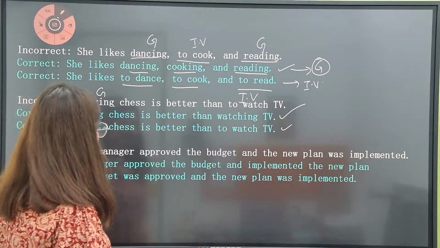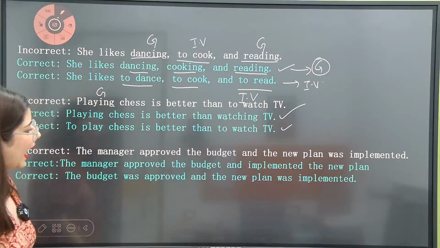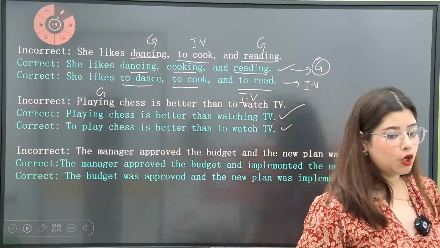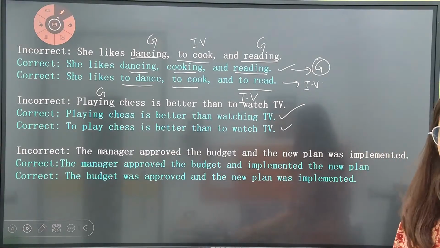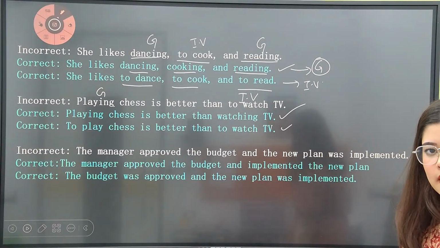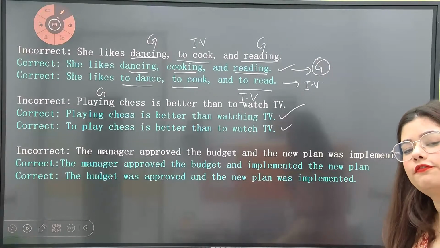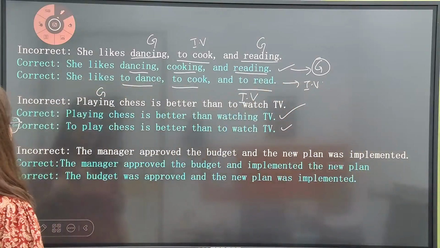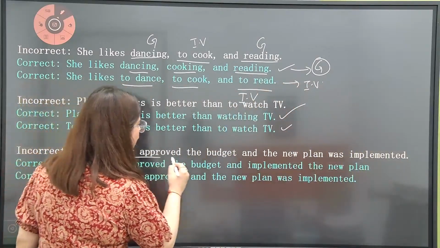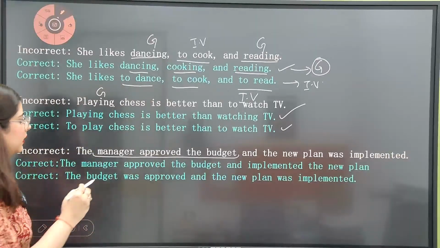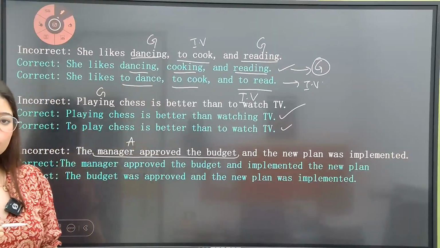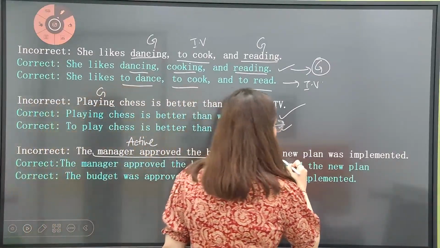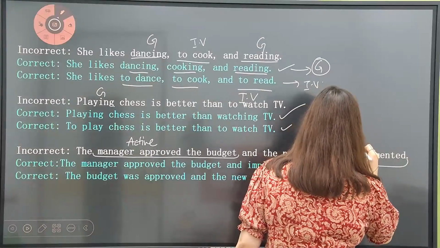Next, the manager approved the budget and the new plan was implemented. Now, this sentence might look grammatically correct at first glance, but there is a very slight discrepancy associated with this question. What is that discrepancy? The manager approved the budget, active voice, and the new plan was implemented, passive voice.